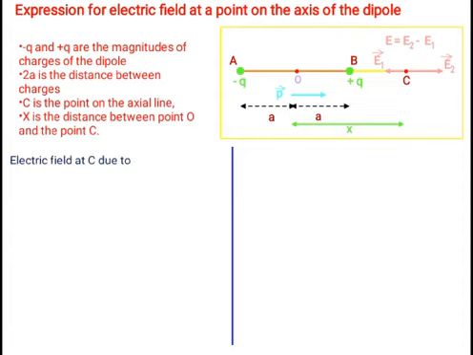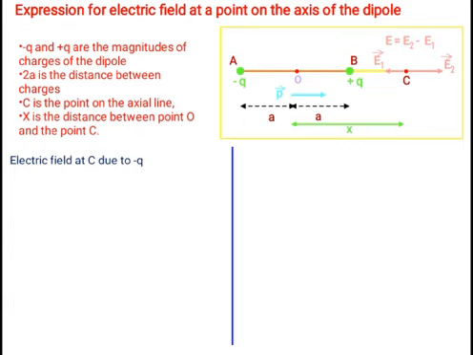Now the electric field at C due to minus q. What is electric field? We already discussed it in the previous videos. The region surrounded by the charge is called the electric field, and the general expression for electric field is E is equal to 1 divided by 4 pi epsilon naught, q divided by r square.